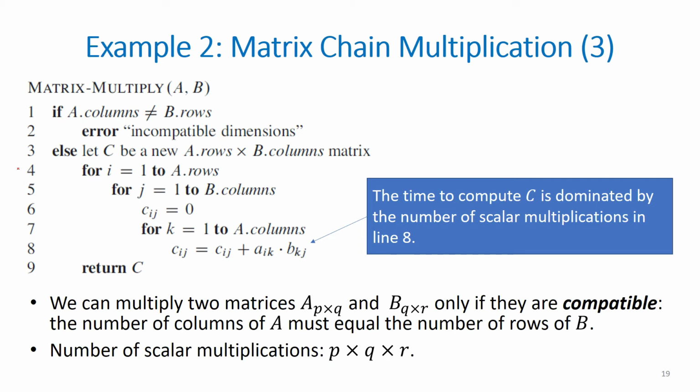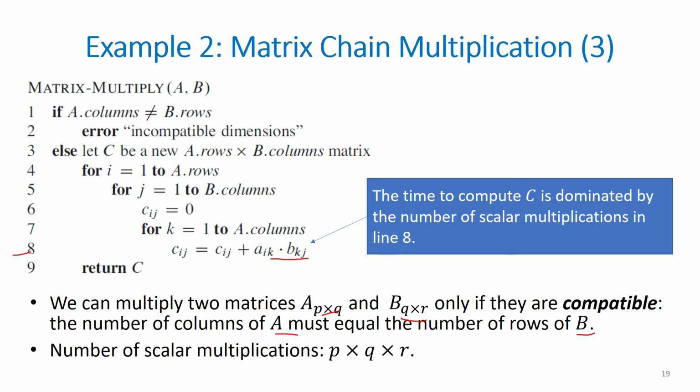That is to say, we can multiply two matrices A and B if and only if the number of columns in matrix A is equal to the number of rows in matrix B. So if A has dimensions P times Q and B has dimensions Q times R, then their product would be some matrix C of dimensions P times R. Moreover, the main cost to calculate the elements in the final matrix C corresponds to the number of scalar multiplications that are executed in line 8 of the pseudocode.